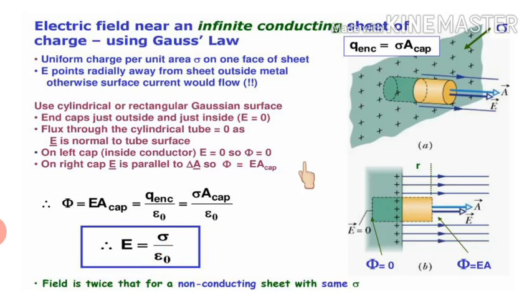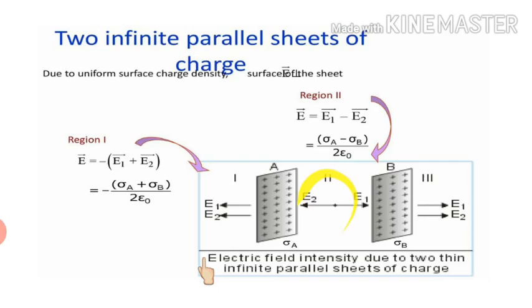So I hope it is clear what the formula is for a non-conducting sheet with the same density. For this particular case, E was 0 because no charge was there. But if the sheet is non-conducting, there will be charge, there will be electric field, and for that case, E will be sigma upon 2 epsilon naught.